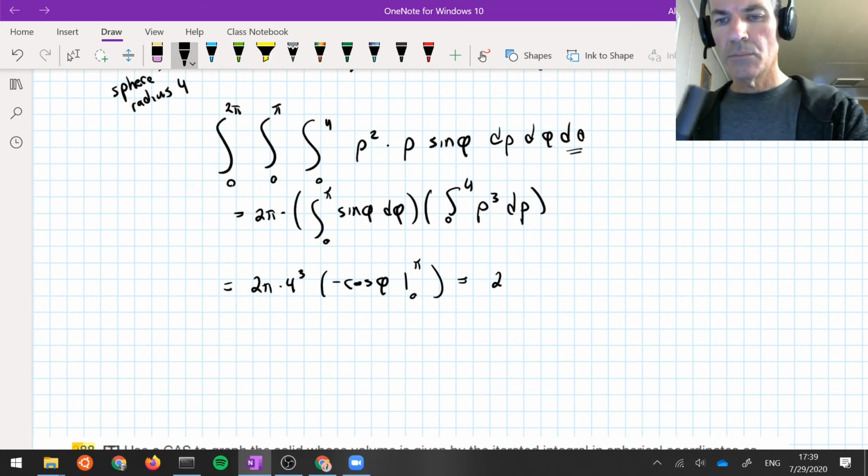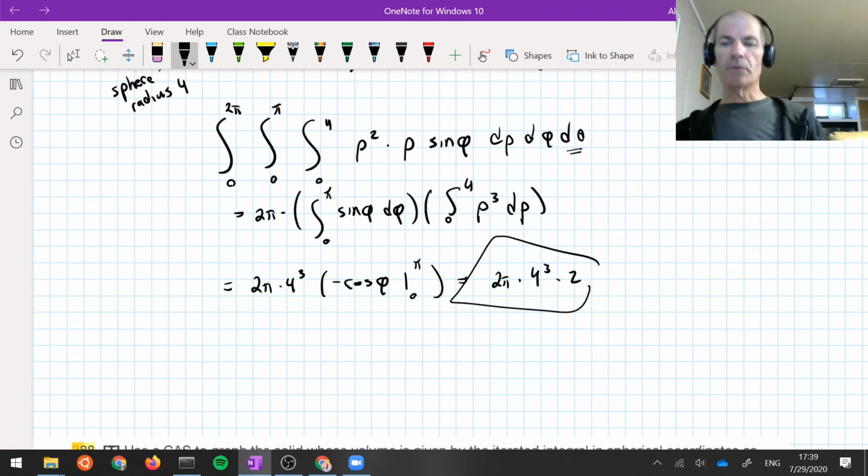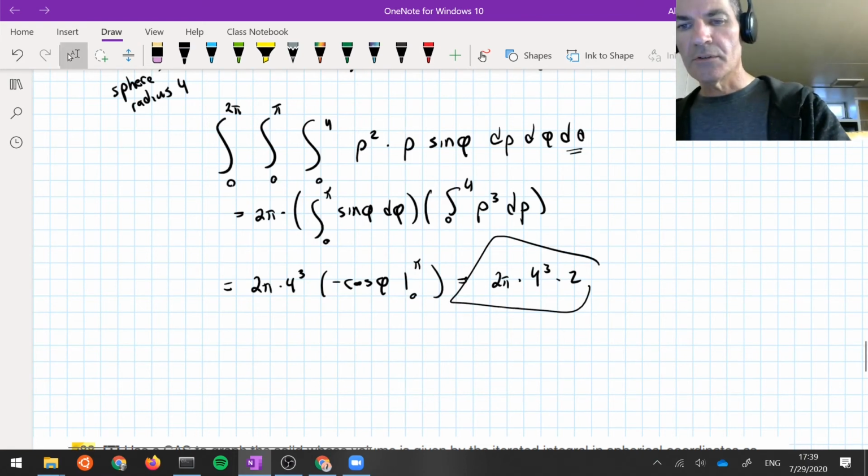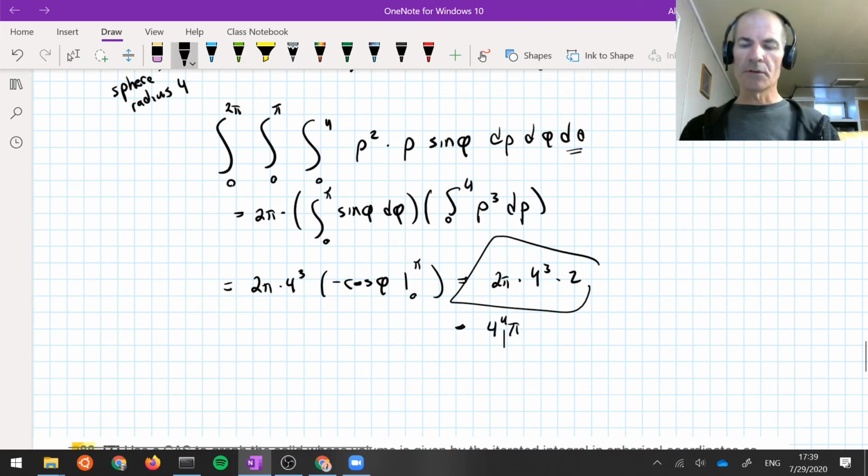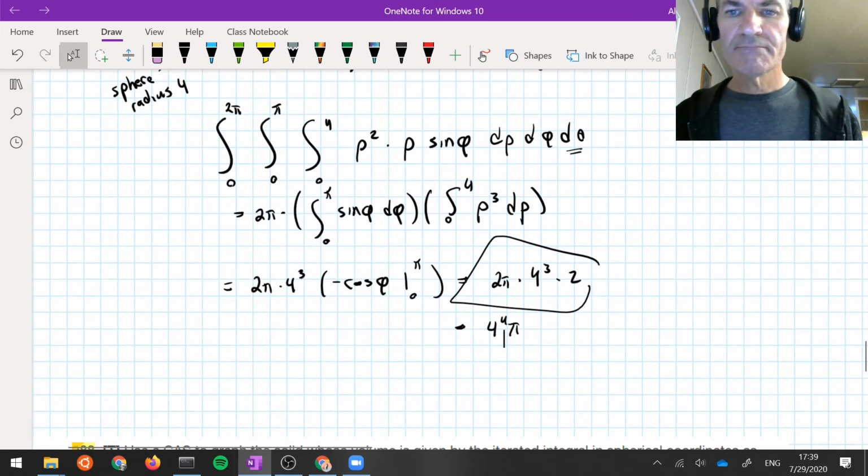So that's 2 pi times 4 cubed times 2. Final answer. You could clean that up a little bit more. In fact, 2 times 2 is 4, so we get another power of 4, so that could be 4 to the 4th times pi. That's a nice clean result.